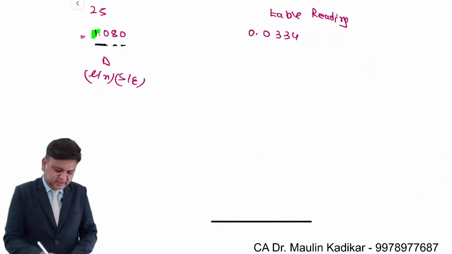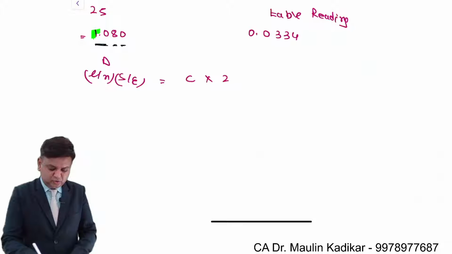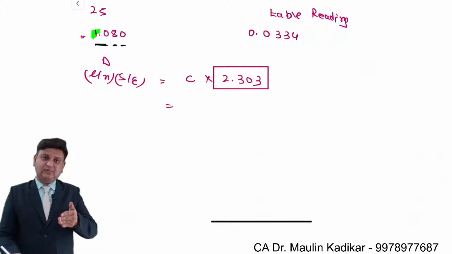That is step D, in which we multiply the step C value by 2.303. 2.303 is a fixed value for conversion of the 10 base log table value into the natural log value.